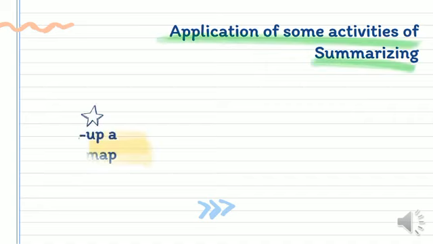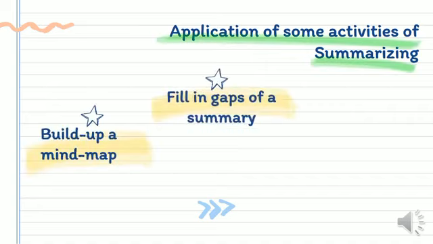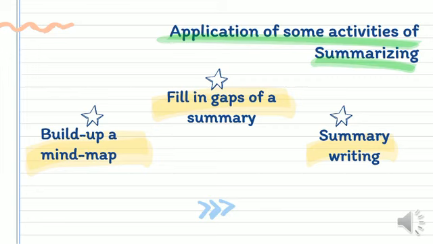The third methodology is the application of some activities for summarizing, for example building up a mind map, filling in gaps of a summary, or summary writing. So there are 3 methodologies I have applied in this study.